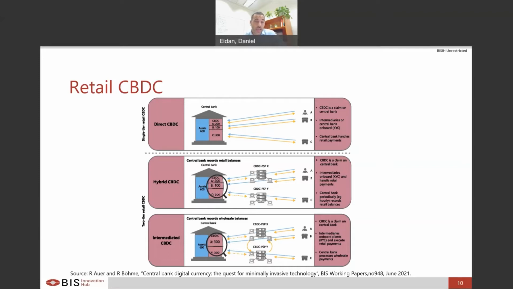In the direct CBDC, both the blue line and the yellow line go directly between the holder of the asset, the holder of the CBDC, and the central bank itself. When you go down to the hybrid CBDC, you'll notice that the blue line goes straight through.